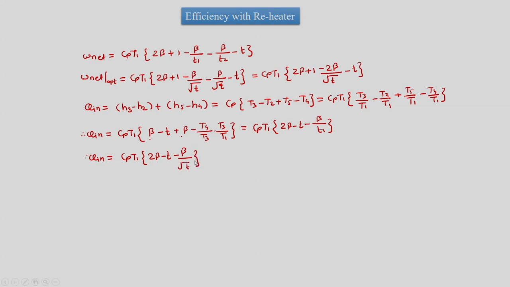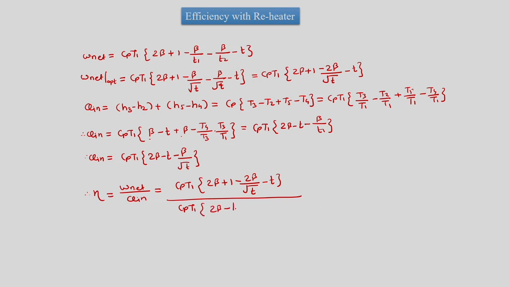So for the optimum case, Q in is equal to Cp T1 into twice beta minus T minus beta upon square root of T. So we can write down efficiency as W net upon Q in, where W net is Cp T1 into twice beta plus 1 minus twice beta upon root T minus T, divided by Cp T1 into twice beta minus T minus beta upon root T. So Cp T1 would get cancelled.